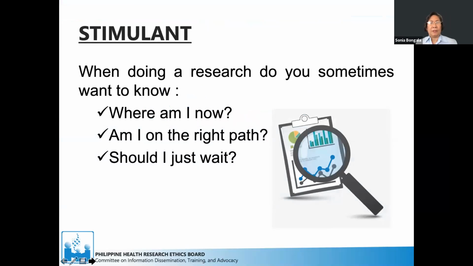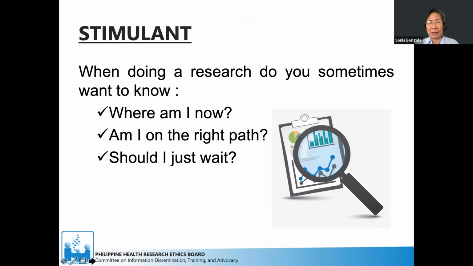Okay, so of course the researcher would like to know at which point she should do certain things and if she's on the right track, and when will she expect a response from the ethics review committee.